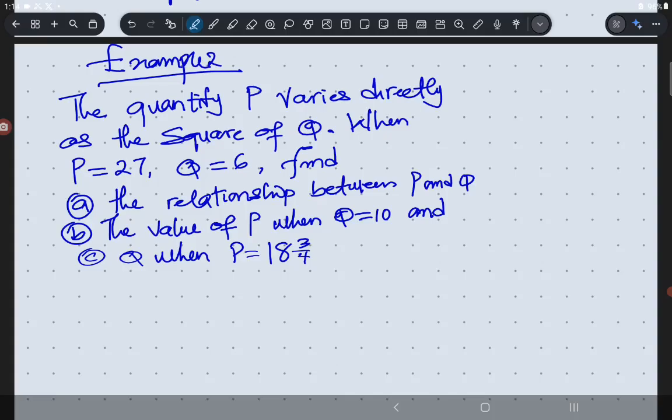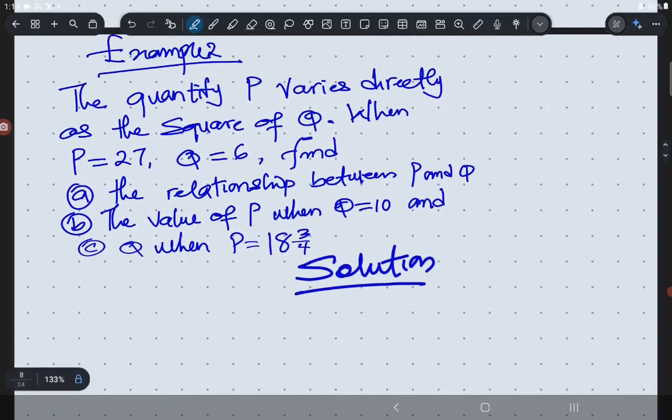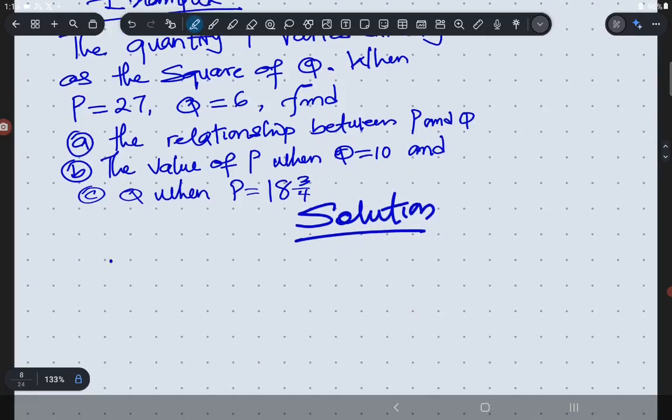Let's try to find a solution to this. From the first statement, the quantity P varies directly as Q squared.